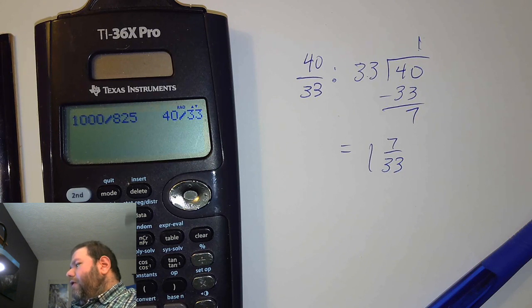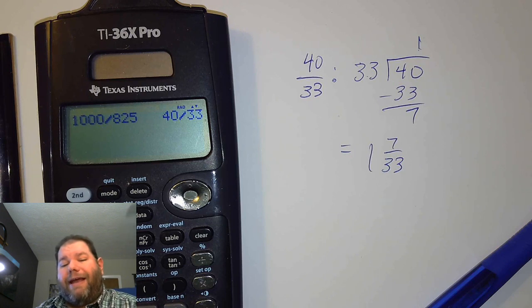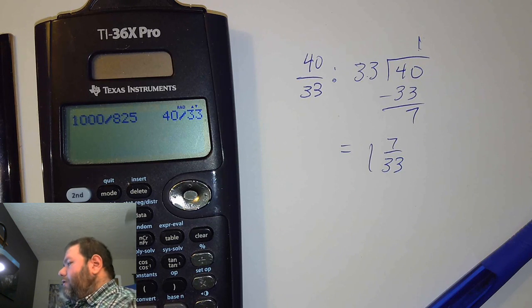Now the next set of problems on the worksheet are operations with fractions, which means we want to be able to add, subtract, multiply, and divide fractions on our calculator.